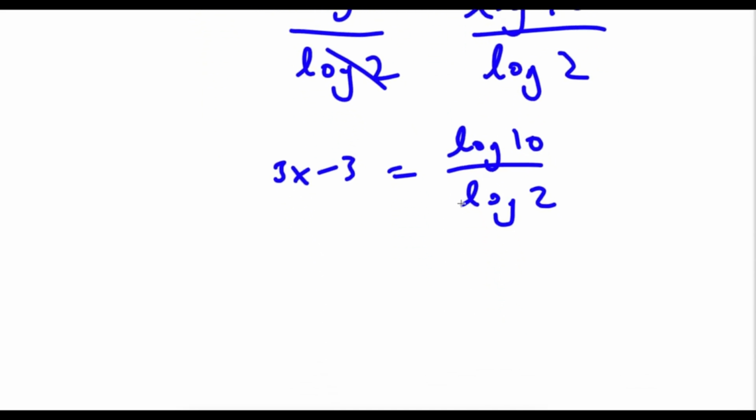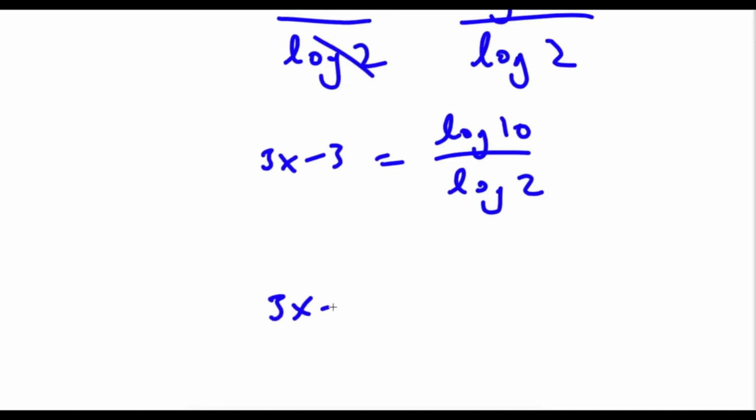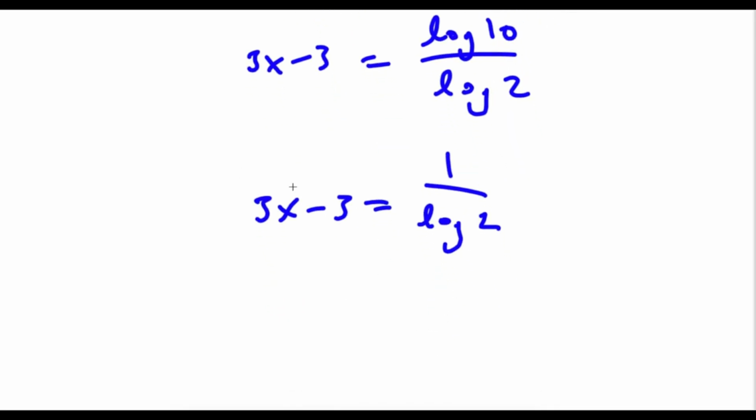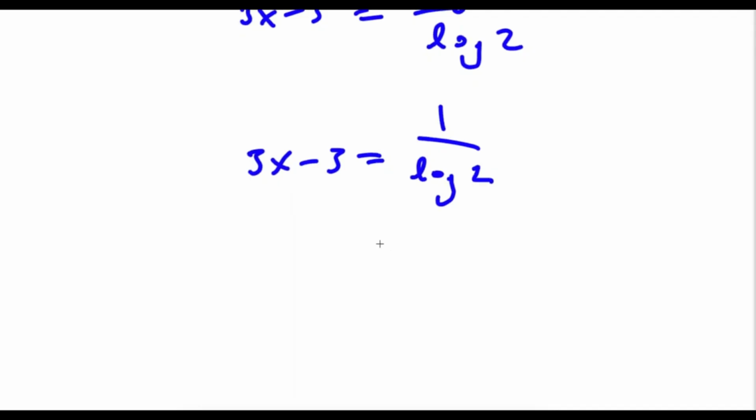Now log 10, this is the same thing as 1. So now I have 3x minus 3 is equal to 1 over log 2. And now I'm going to rewrite this as, well, first off, log 2 here, this is equal to 0.301.